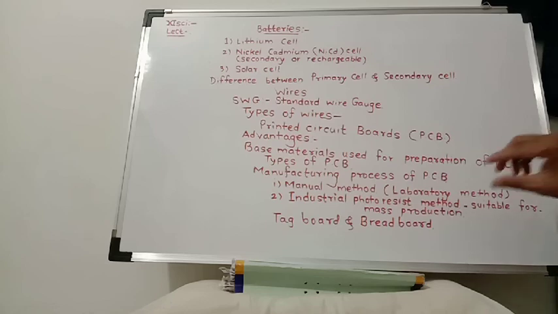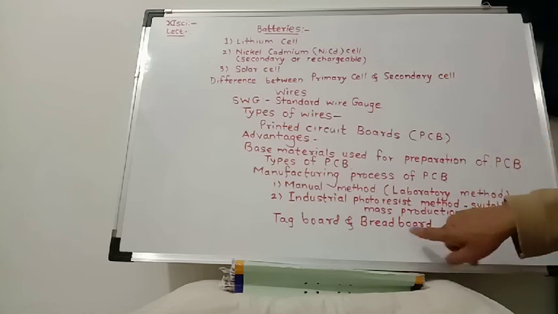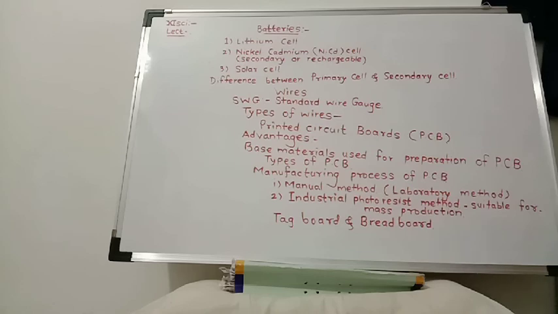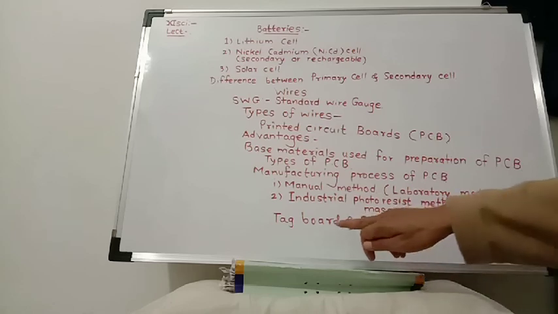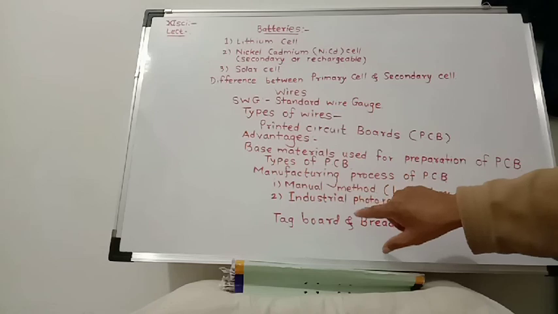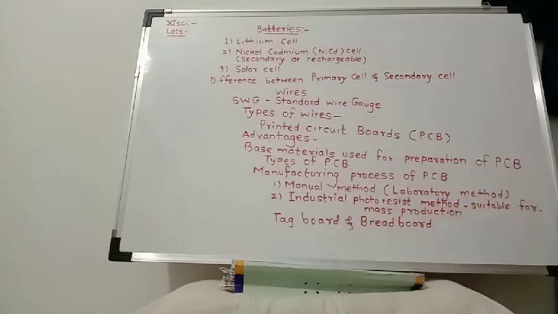The components are mounted on breadboards or tag boards. Components can be soldered on a tag board, and only the breadboard is a solderless board, so the components are only mounted on the breadboard, and hookup wires are used for making the connections.